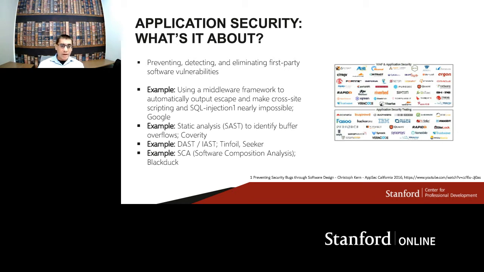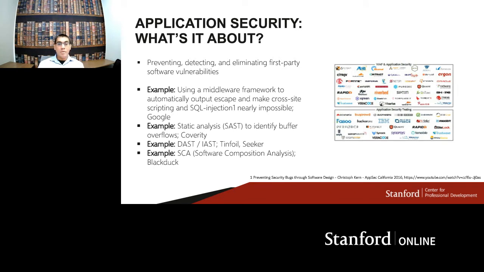By the way, Tinfoil is an example of a company that did some great dynamic analysis, and actually both Tinfoil and Coverity got acquired by Synopsys. Synopsys, while they were traditionally a semiconductor design firm, they've basically created a software security business unit, and they have put together all these types of solutions. So that's another example of traditional application security.